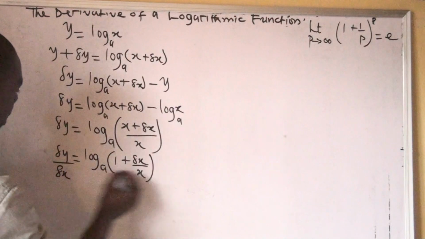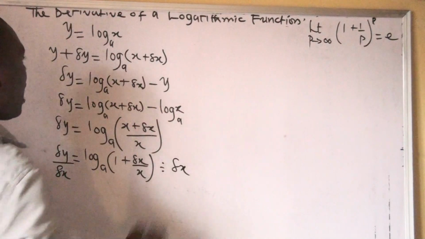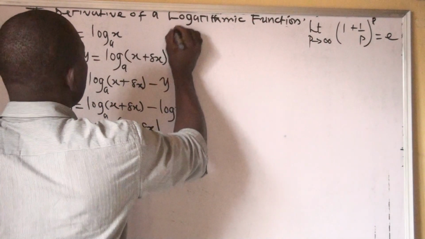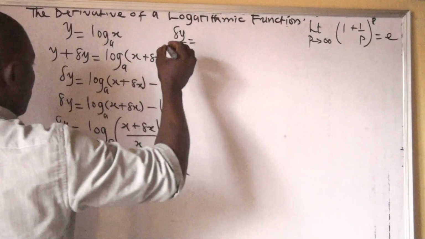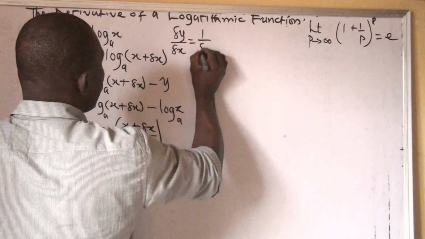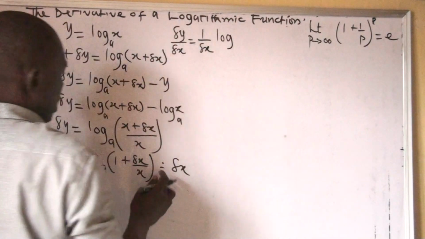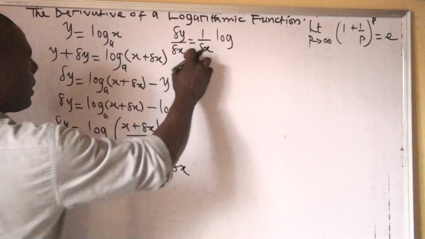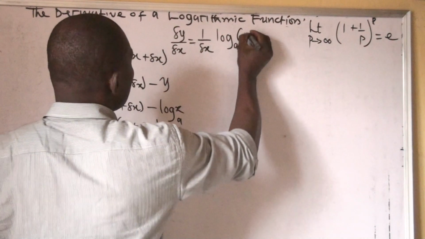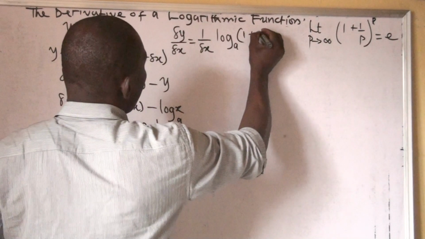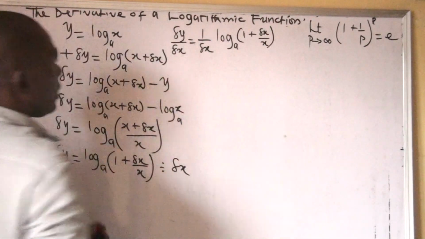Then delta y over delta x is equal to 1 over delta x times log base a of 1 plus delta x over x.